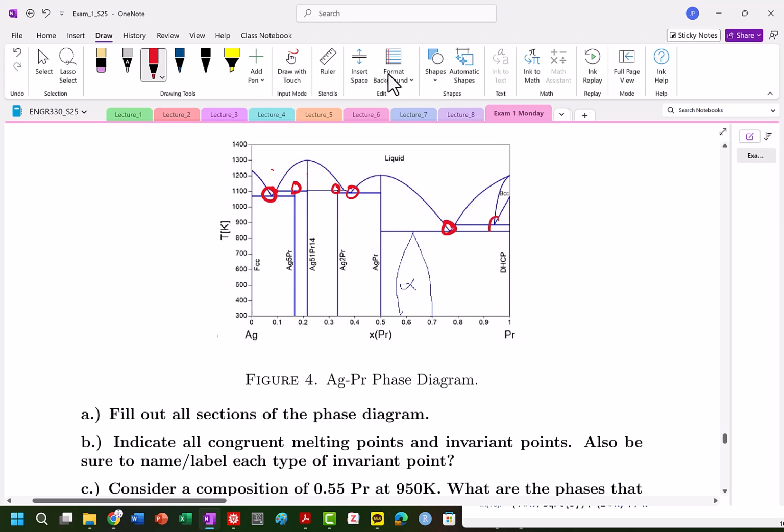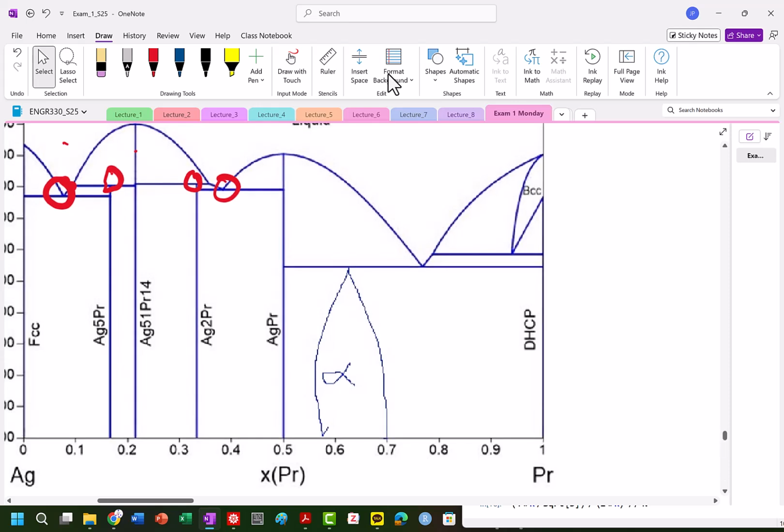This is actually going to be a eutectoid because it's BCC to, or actually, excuse me, that is not true. Let's rewrite that. This is actually a very unique phase here. Actually, this is a very tricky invariant point because it's not really an invariant point.